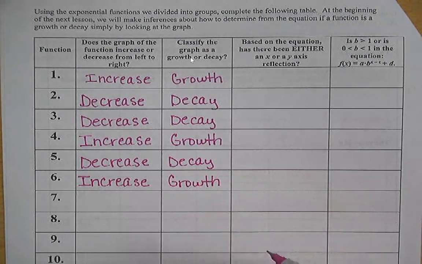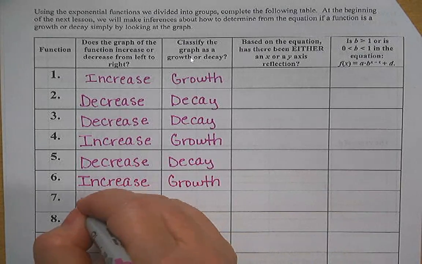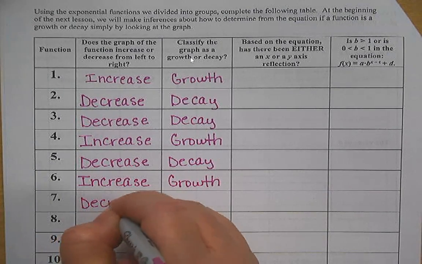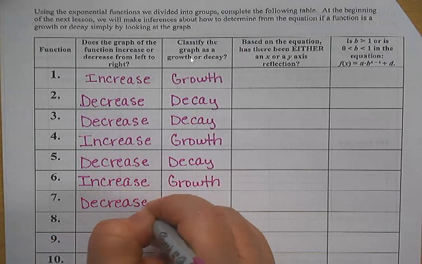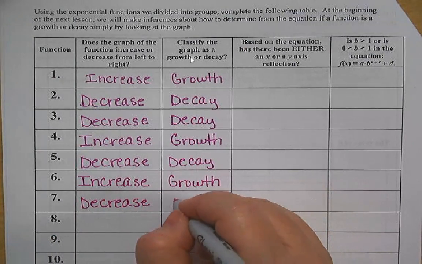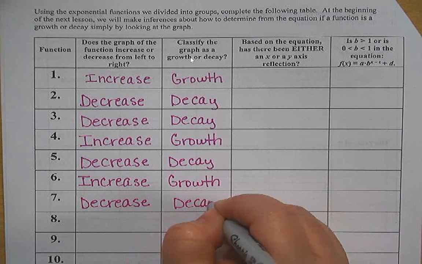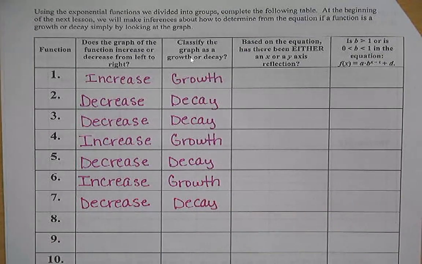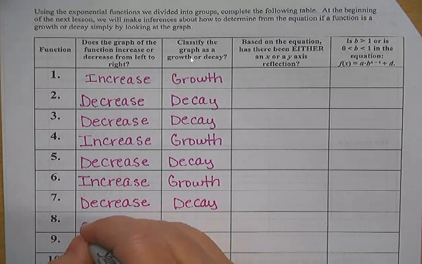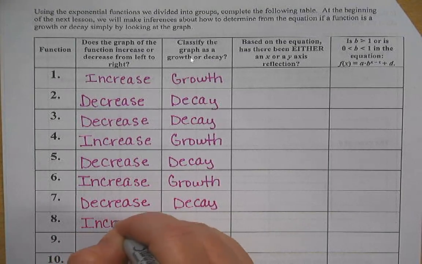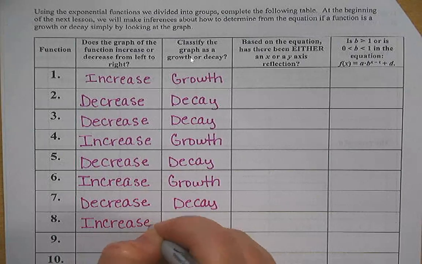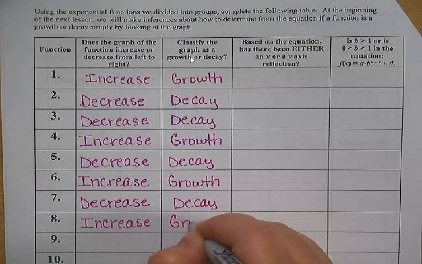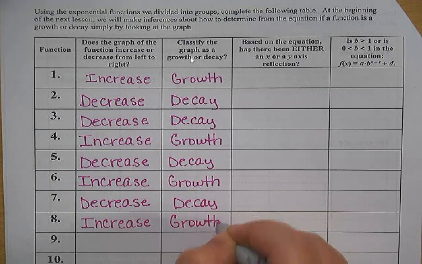We're halfway there. 7 has a decrease. 8 is increasing from left to right, even though the graph is all below the horizontal asymptote. It's still a growth. It just has a limit.